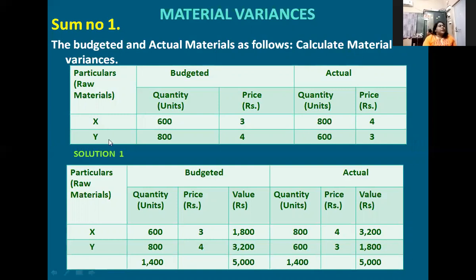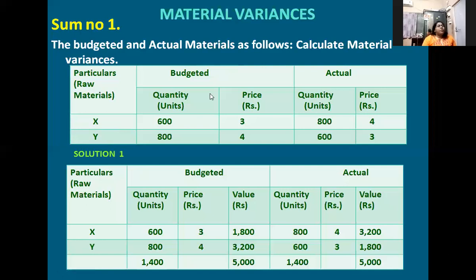So look at the information, how this problem is modeled. We have the budgeted as well as actual. Budgeted here represents the standard. We have two kinds of materials. In the previous videos, we calculated the material variances where the concern is using only a single material.